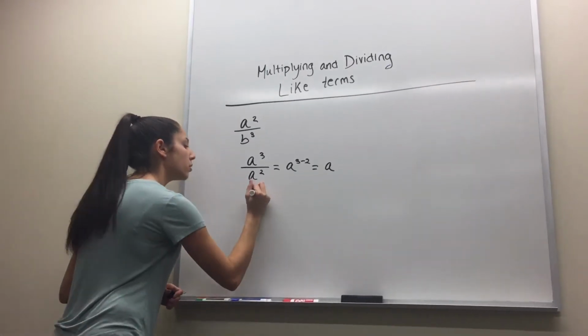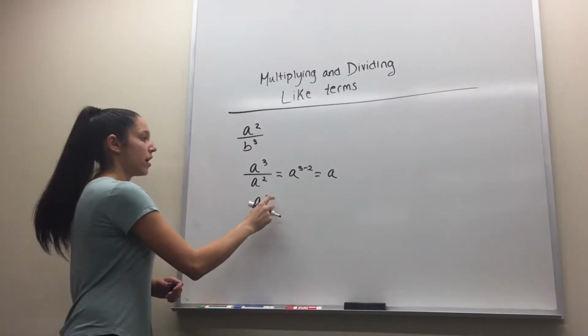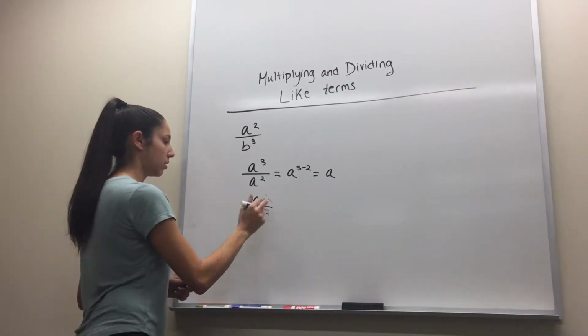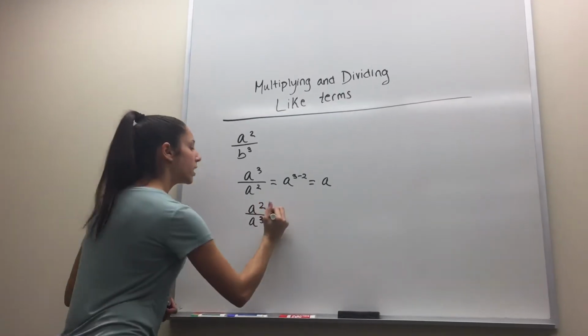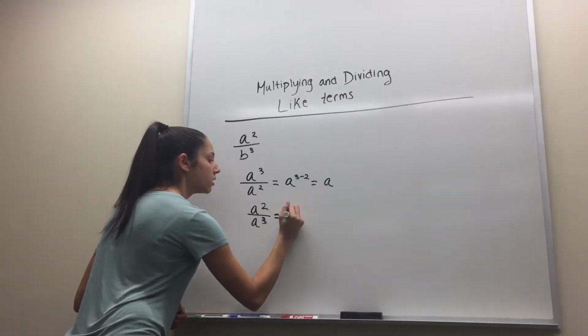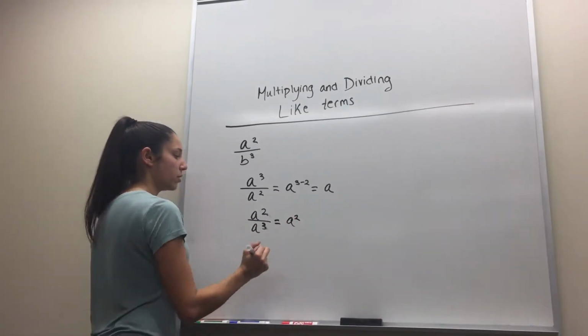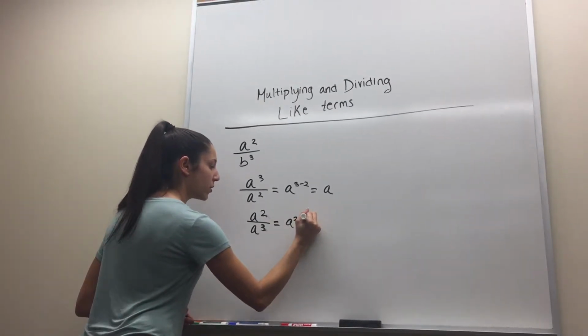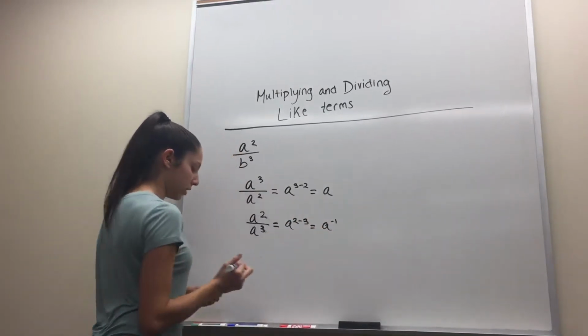Now something I want to show you is when we have a bigger exponent on the bottom, we're going to get a negative number. So here, we'll take the numerator exponent, because we always take the numerator first, and subtract the denominator exponent, and here we have a to the negative first.